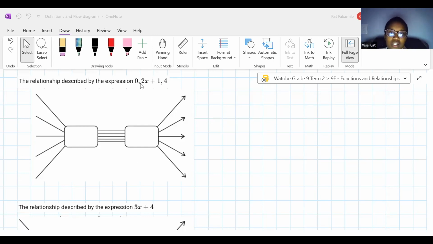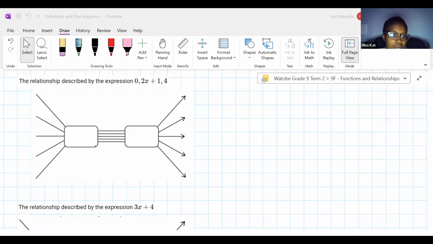Guys in the chat, what does 0,2x mean? Okay, guys, it means times 0,2, right?